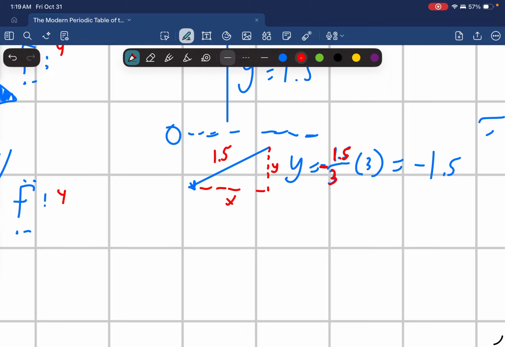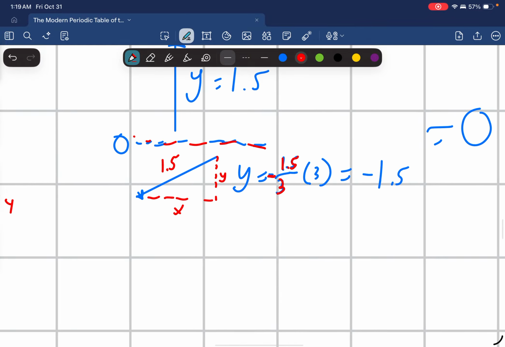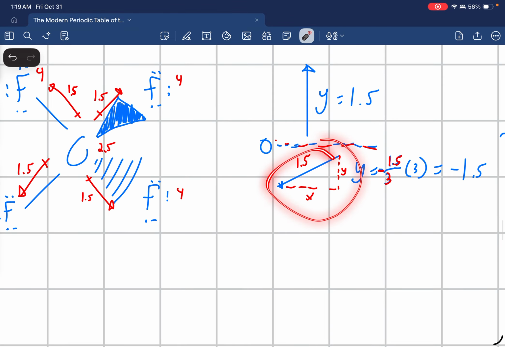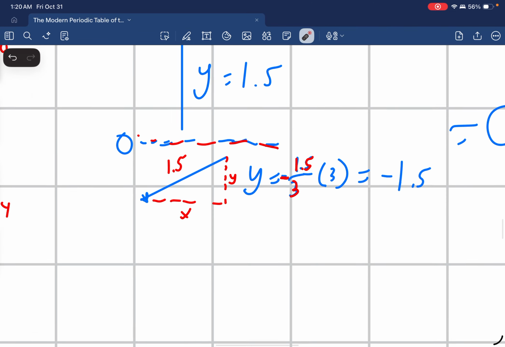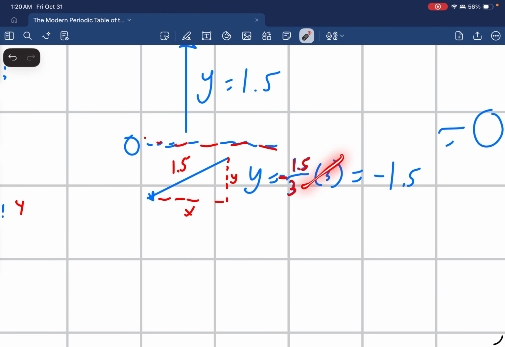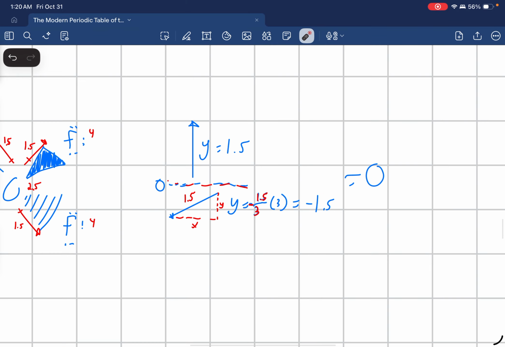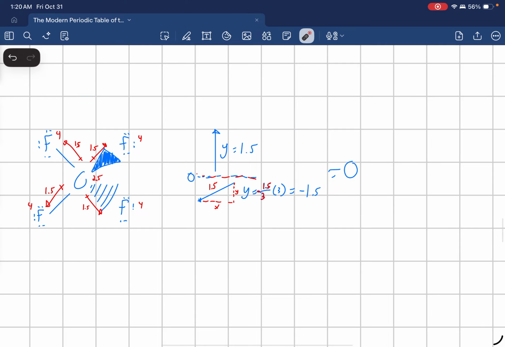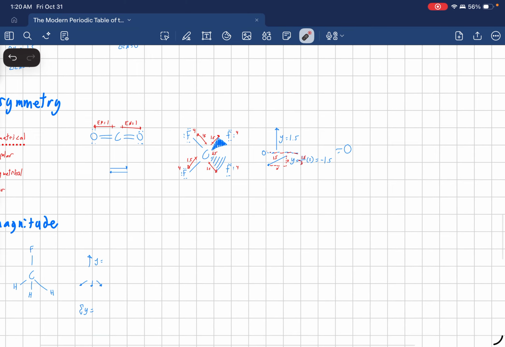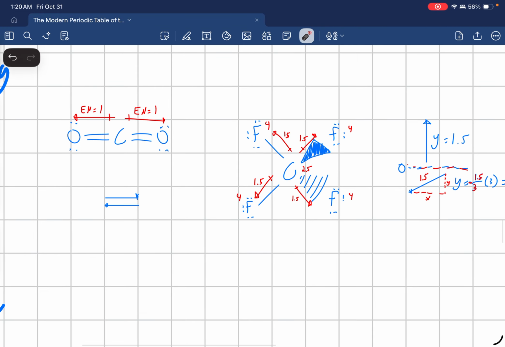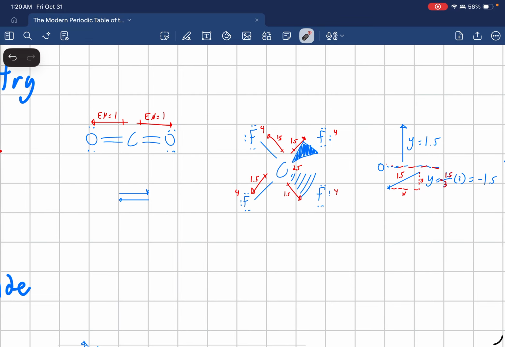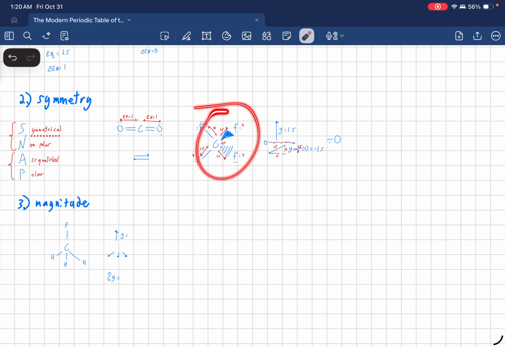It's going to be negative because it's below that 0 line. And if you look over here, if we take that direction, there's going to be 3 that have this exact same configuration of the 1/3 y, which is why we're going to multiply it by 3. And that 3 is going to cancel with that 3, and we're just going to have negative 1.5. So when we add these two, if we add the vectors, you know that it is symmetrical and they do cancel out. So even if each of the bonds are polar, because it's symmetrical, they're all going to just cancel out and equal nothing. So therefore that molecule would be non-polar.